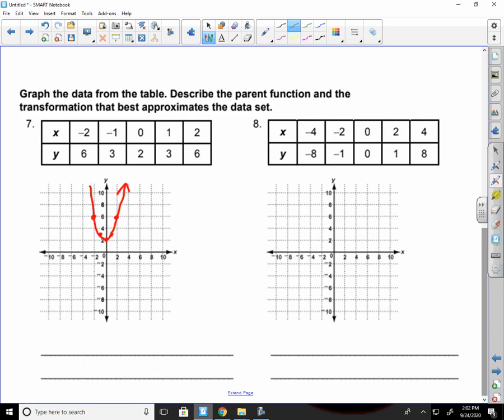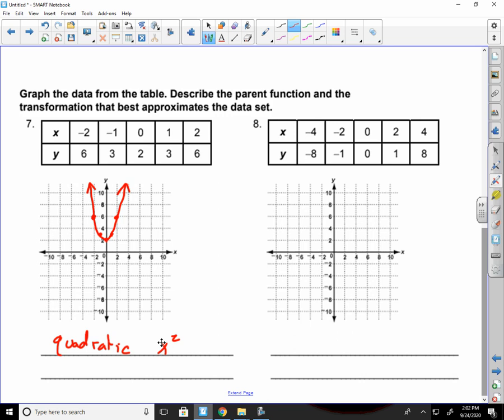So we have a U shape, which tells us that it is a quadratic. So describe the parent function and the transformation that best approximates. That's going to be x squared as my parent function.